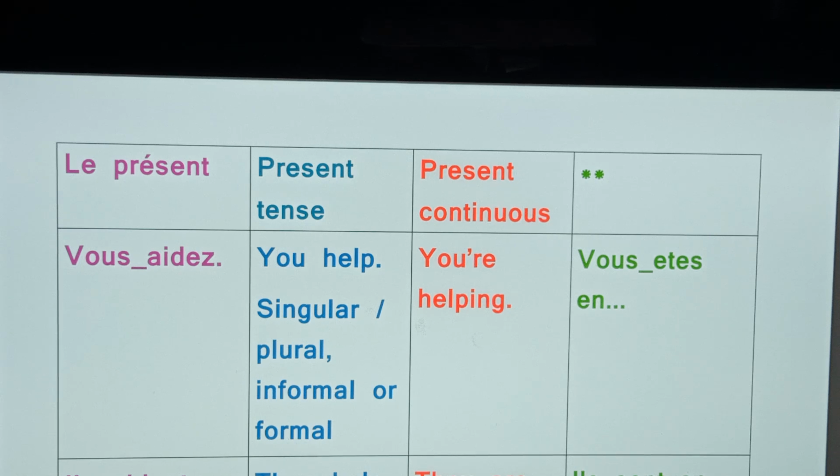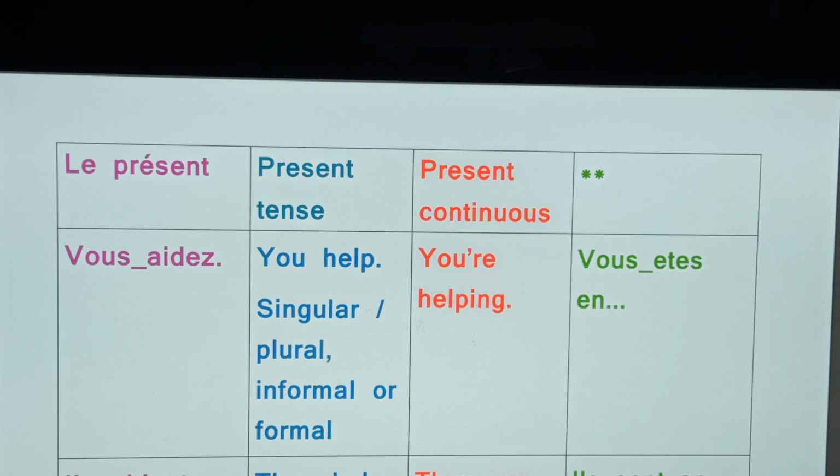So again, we are using the liaison here, vous aidez. You help, and then present continuous, you are helping, but there are two asterisk marks, which means that there is no present continuous in French, but we can use en train de. Okay, the word is en train de. I'll show it to you in a second. En train de. You've already seen it. Okay, vous aidez. You're helping. Vous êtes en train d'aider.